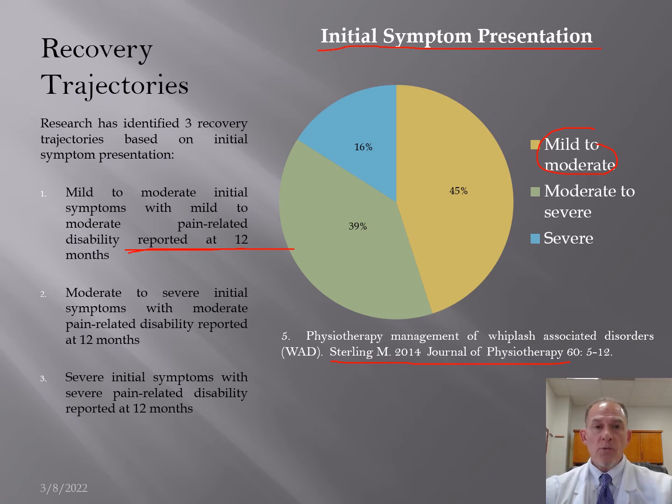The patients who presented with moderate to severe initial symptoms following their whiplash continued to experience moderate to severe pain-related disabilities at the 12-month post-accident interval. So this is an interesting study correlating initial symptom presentation with outcome and functional deficits at the 1-year mark.